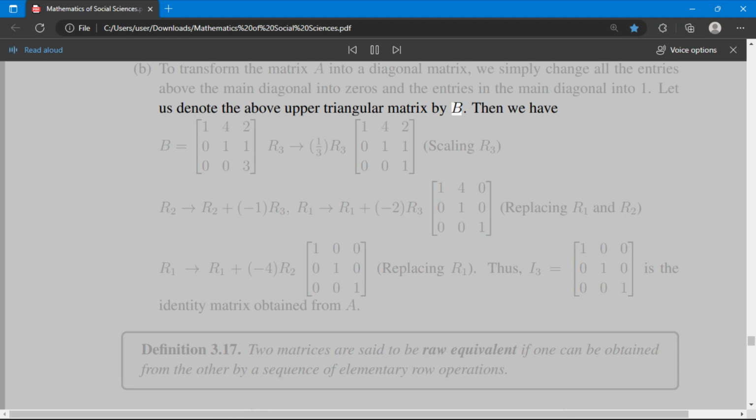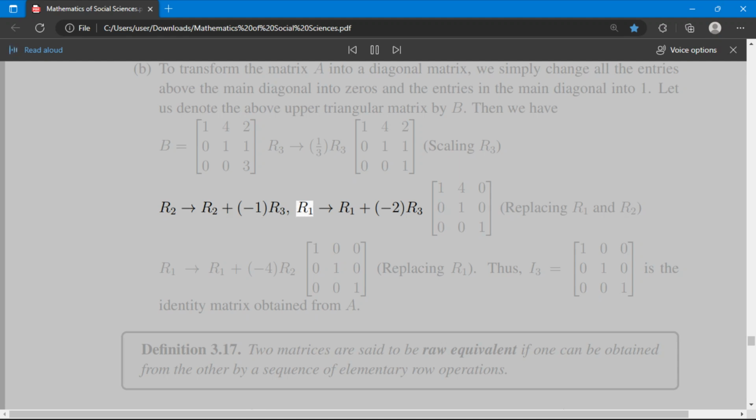Let us denote the above upper triangular matrix by B. Then we have B equals 1 4 2 0 1 1 0 0 3. R3 rightward arrow 1/3 R3 gives 1 4 2 0 1 1 0 0 1. Scaling R3.